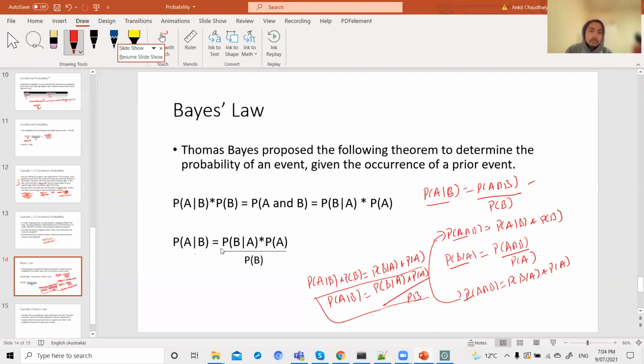This is the first step, second step, third step. We equate the second and fourth, and this formula is derived.